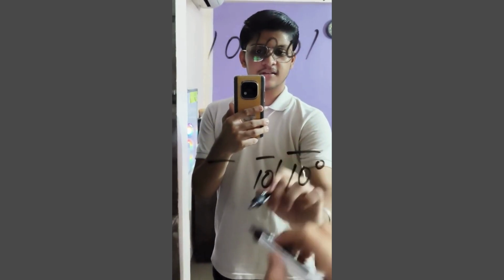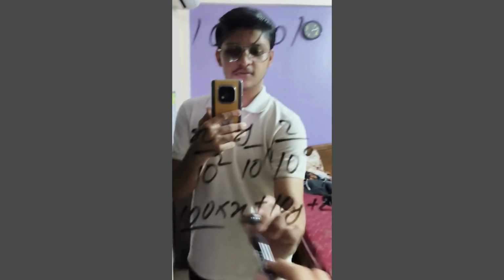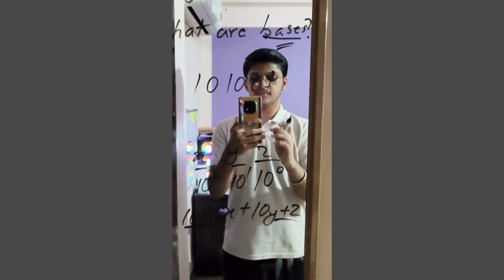For example, this is 10 to the 0, this is 10 raised to 1 and this is 10 raised to 2. And if we are to write a number, say denoted by digits x, y and z, we would write this as 100 times x plus 10 times y plus z. This would be our decimal number.